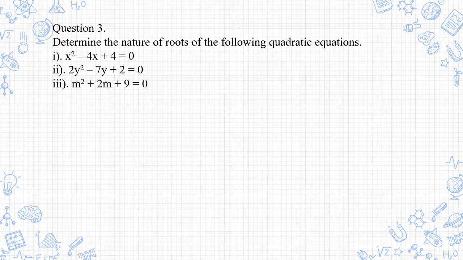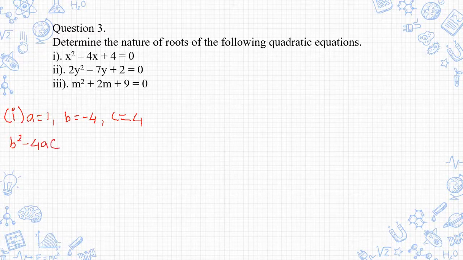So in this, if you see the first one, I compare it with the general form of quadratic equation and find the values of a, b, and c. So a is 1, b is minus 4, and c is plus 4. Find the value of the discriminant b square minus 4ac.